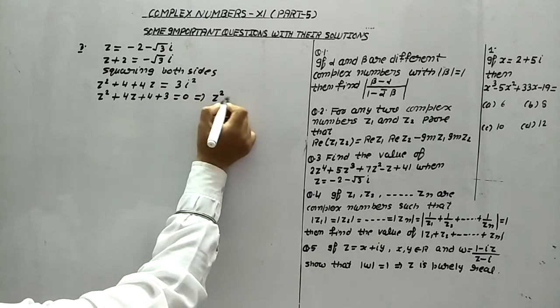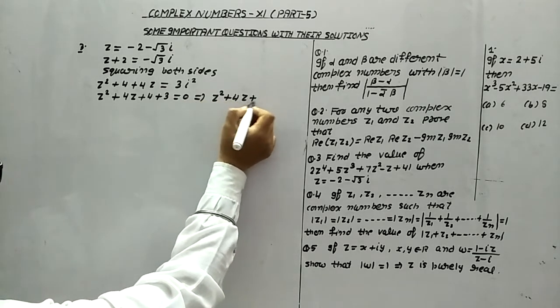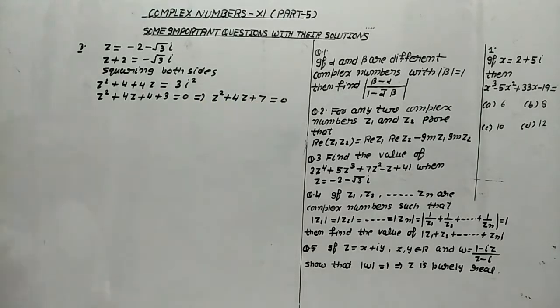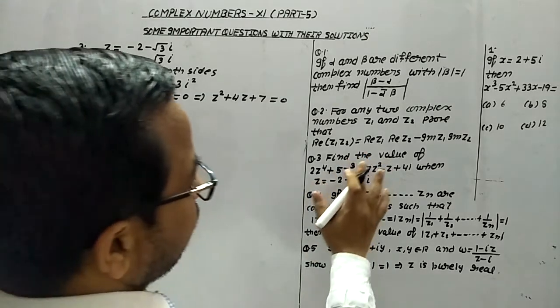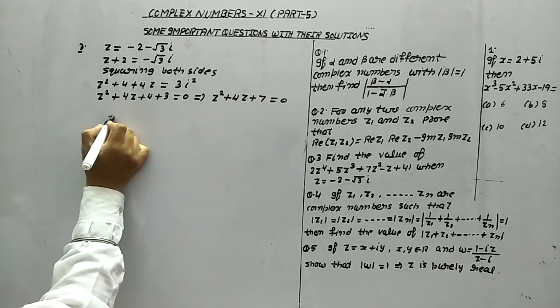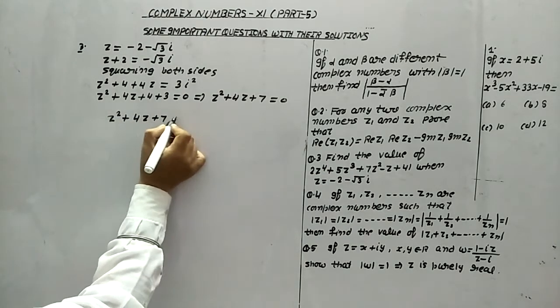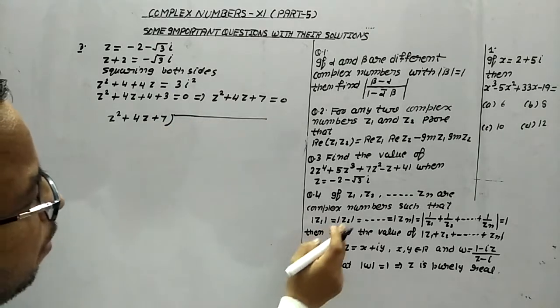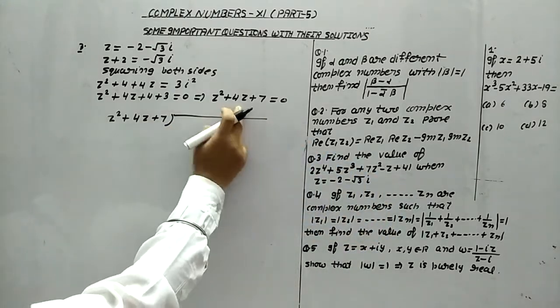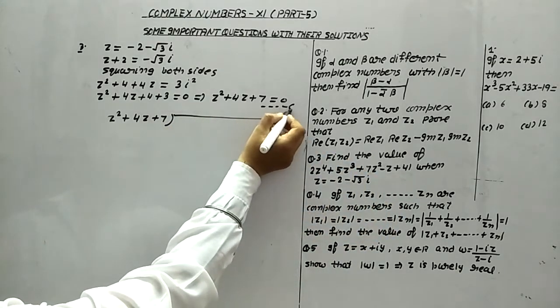It implies that z square plus 4z plus 7 is equal to 0. Now because this is providing 0, and we have to find the value of this part, first of all we will find the quotient by the long division method by dividing this number with this. So this is equation number 1 only.